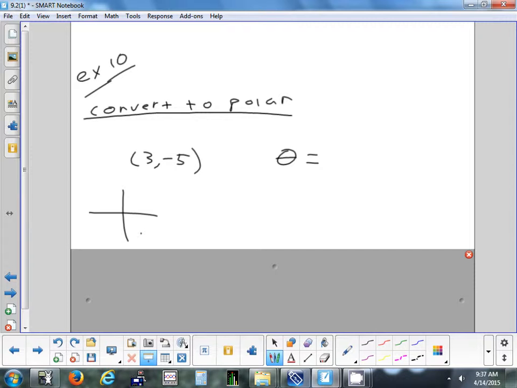And Taylor, what's my formula for theta in quadrant 4? Theta equals inverse tangent y over x. Yep. Do we put plus 180? No. No, not in quadrant 4, not in quadrant 1 either. All right, so fill that in. Inverse tangent of negative 5 over 3.